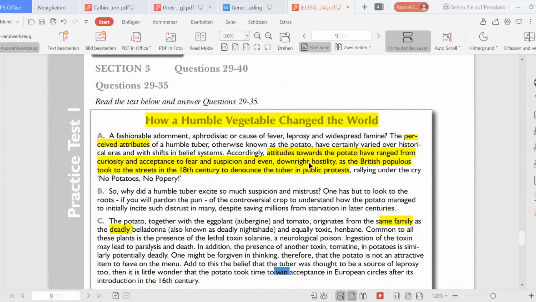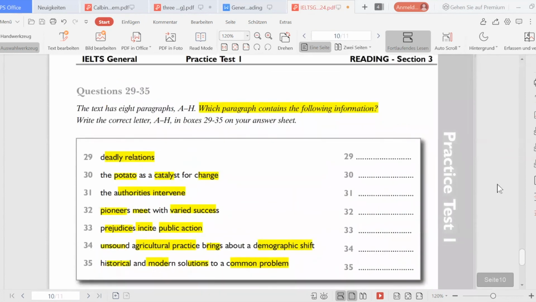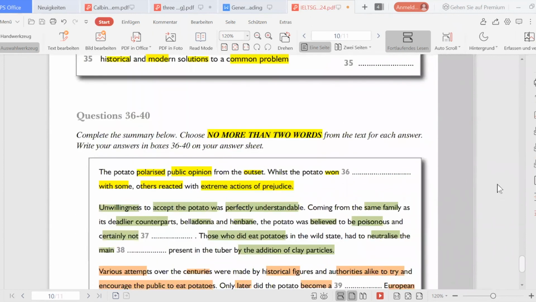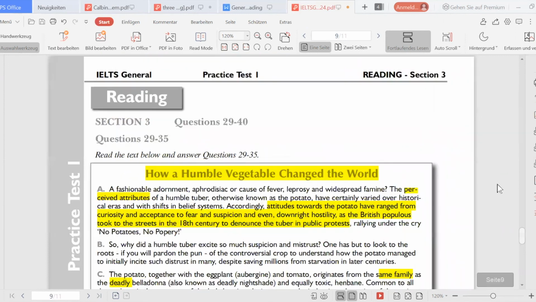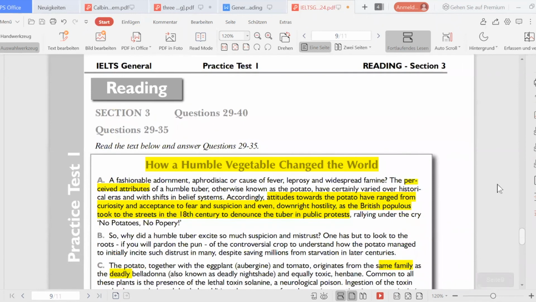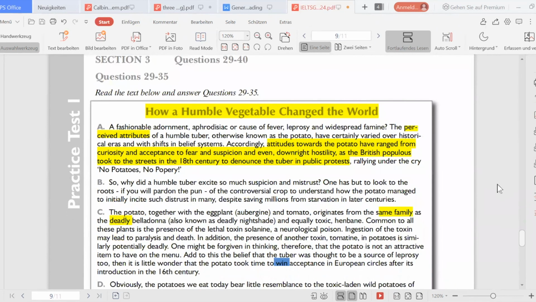Where was it? So I just need to go back to the question again. The potato polarized public opinion from the outset. Whilst the potato won Dutch with some, others reacted with extreme actions of prejudice. Yes. So extreme aspect of prejudice, you've got, yes, sorry about that.